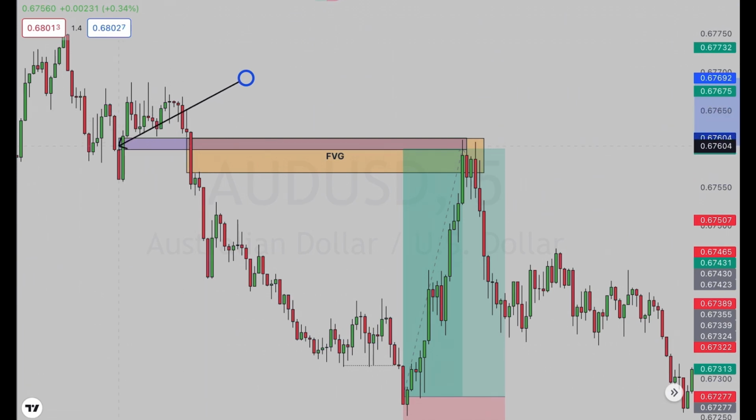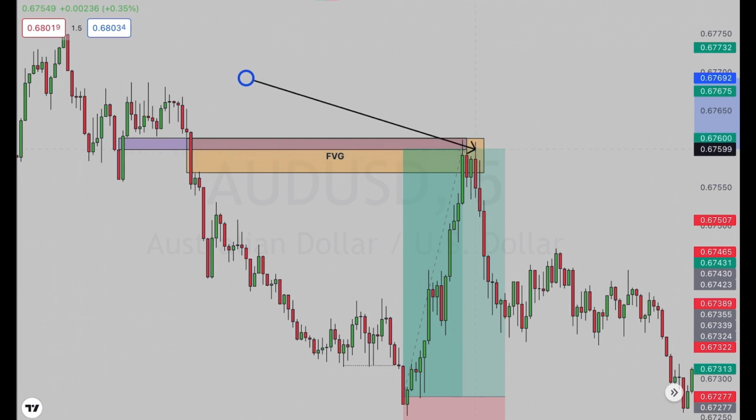When there is a fair value gap and the price bar behind it is also a fair value gap, this makes it so much more powerful, because when price came back to that fair value gap, it did not rebalance, so it is double the effect that it would have on this price.